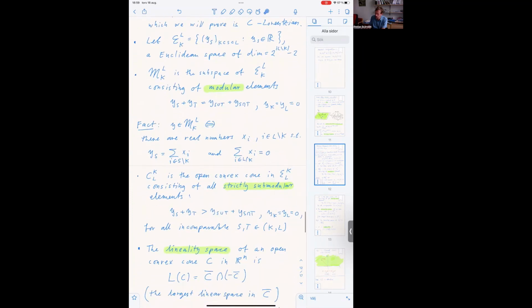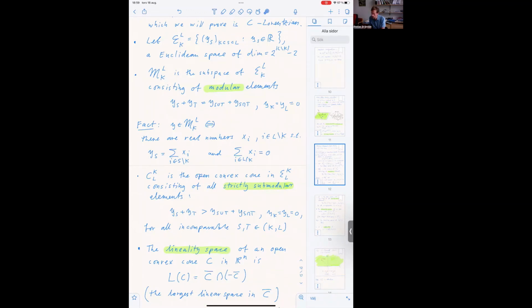Okay, so this is the Euclidean space that it lives in, and we have this subspace of modular elements inside there. And we also have an open convex cone, which will be the cone that the polynomial will be Lorentzian with respect to.